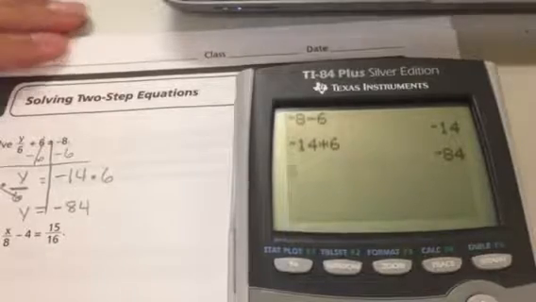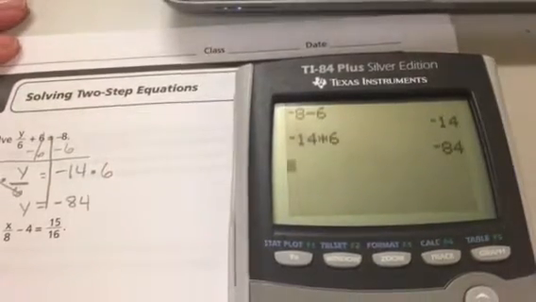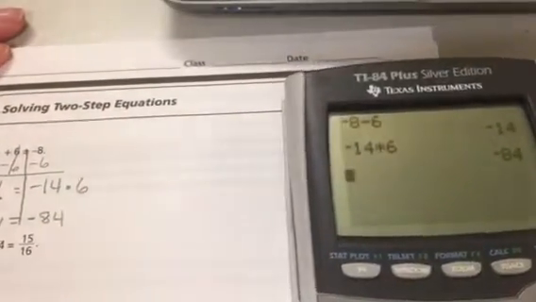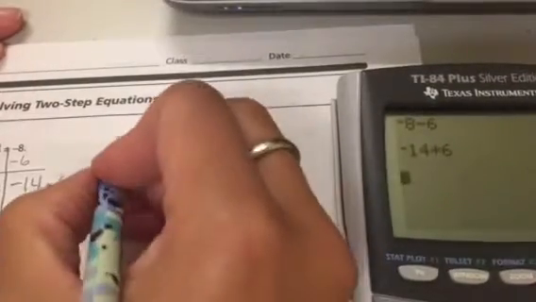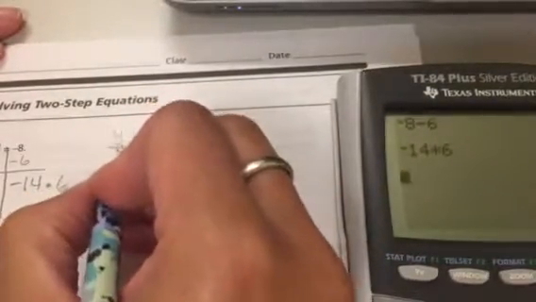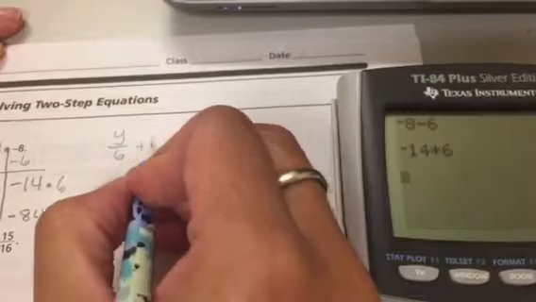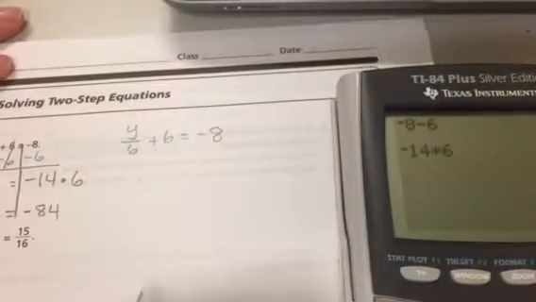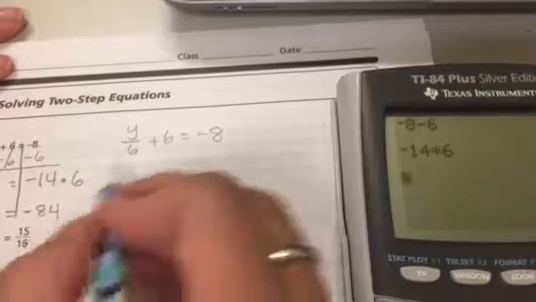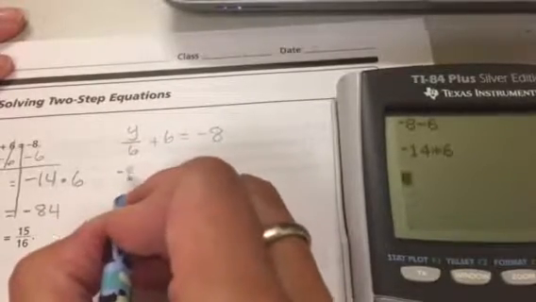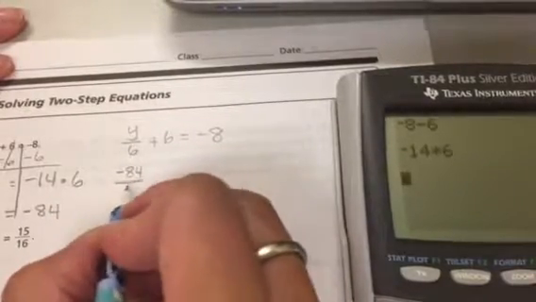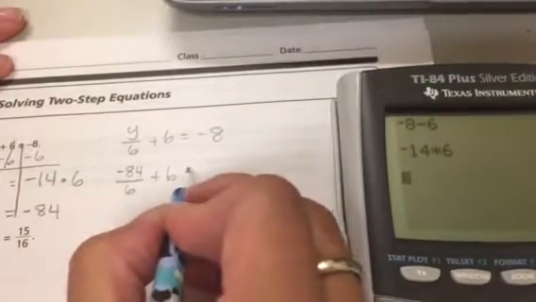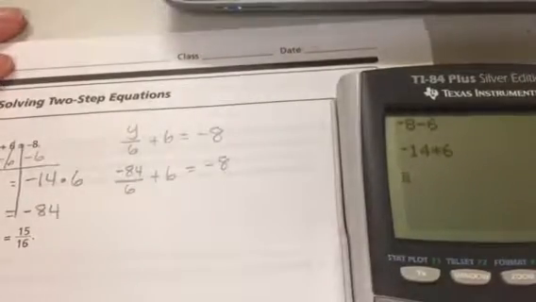Okay, I don't know if that's right, so that's why Mrs. Trogget and I said you're going to do the check. So remember, the parts to the check are first to rewrite y divided by 6 plus 6 should equal negative 8. So let's check if our answer is right. I'm going to take what we got for y and substitute in negative 84 divided by 6 plus 6 should equal negative 8.